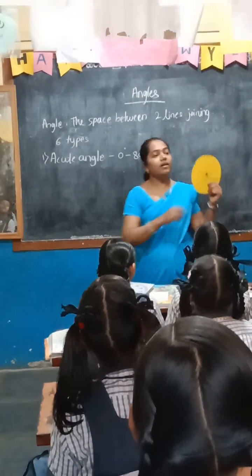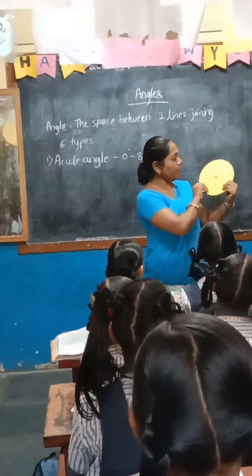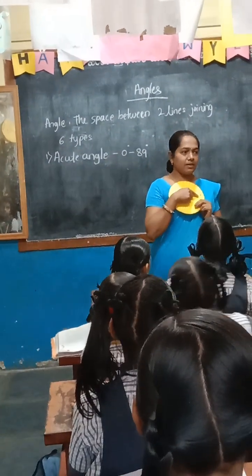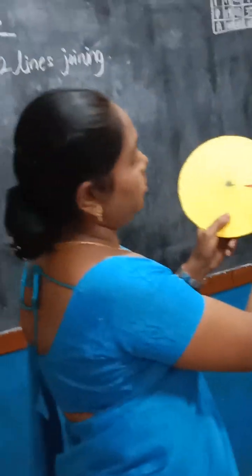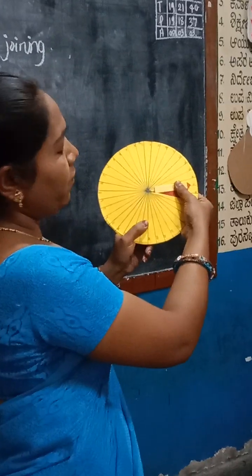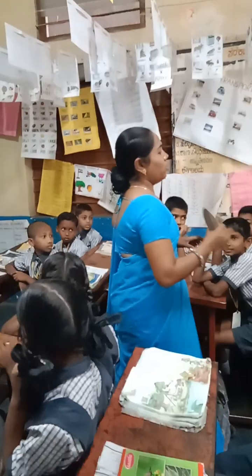So this is the angle model. Now I move this one. Is it moving? Yes. So it comes to 20 degree. So 20 degree means which angle?